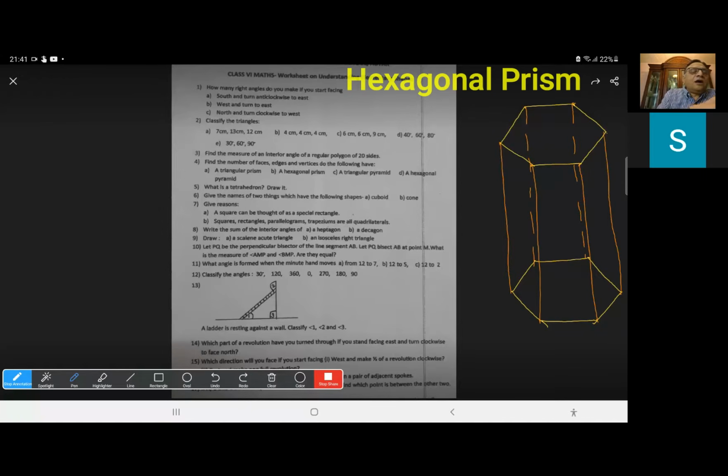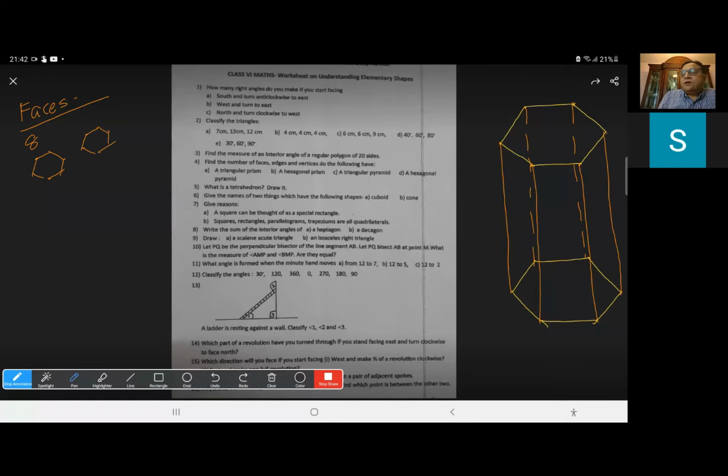Now tell me, how many faces are there? 8. Yes. So there are 8 faces. We have 2 hexagonal faces, right? And 6 rectangular faces, correct?